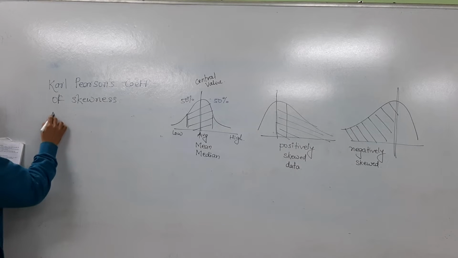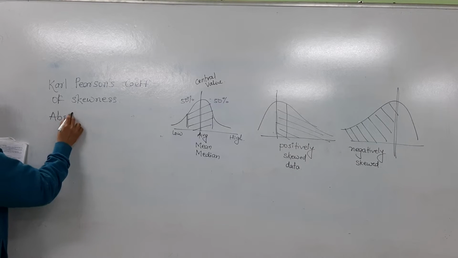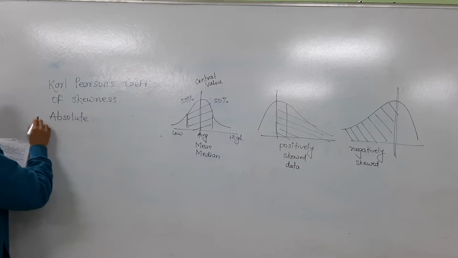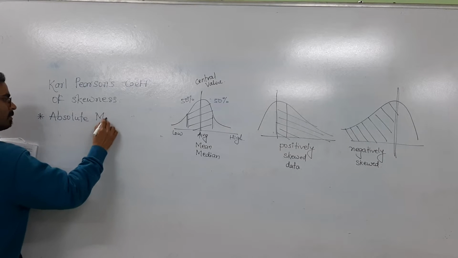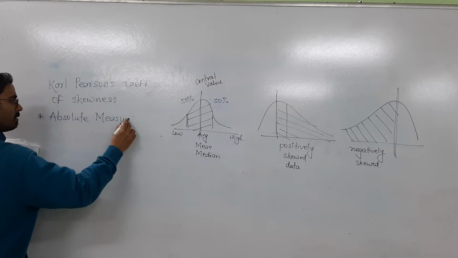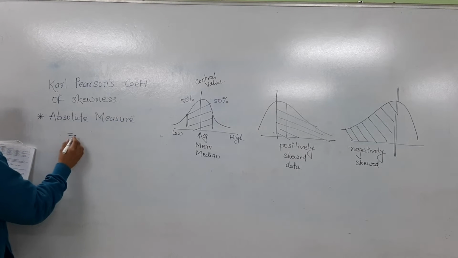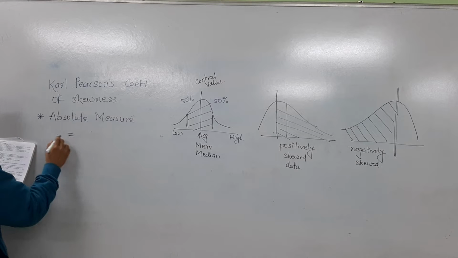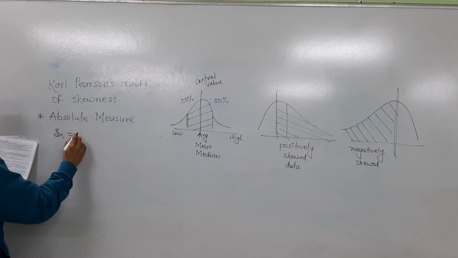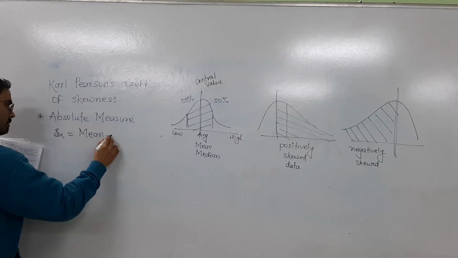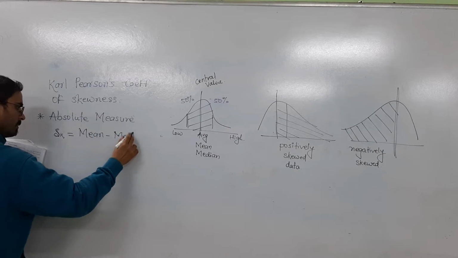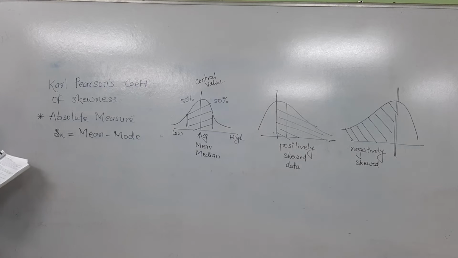So the first one is the absolute measure. First formula is absolute measure: Sk equals mean minus mode. Very simple. Mean minus mode.